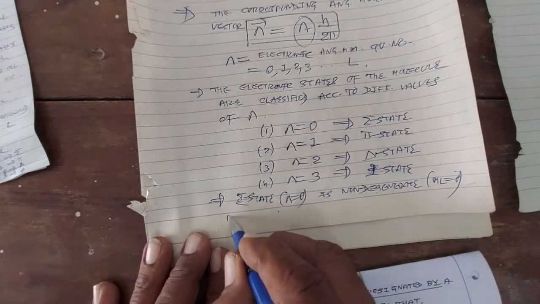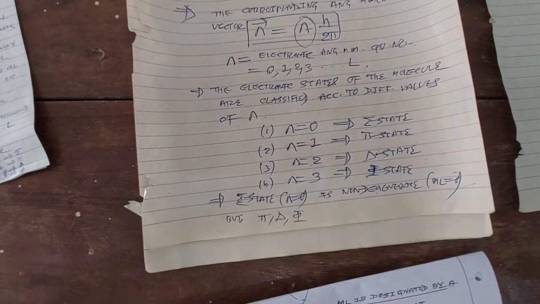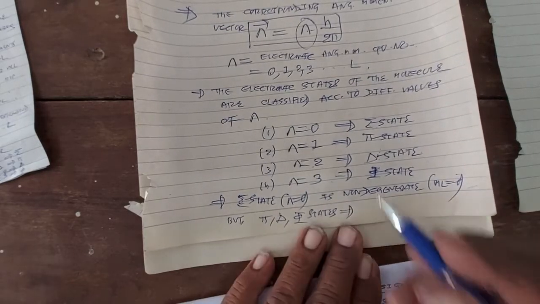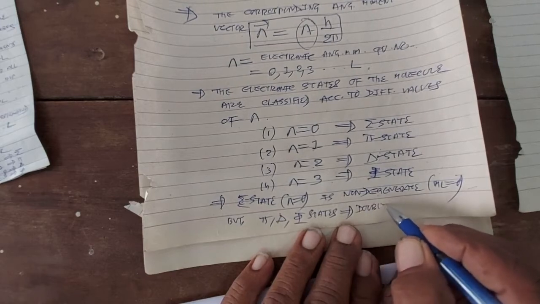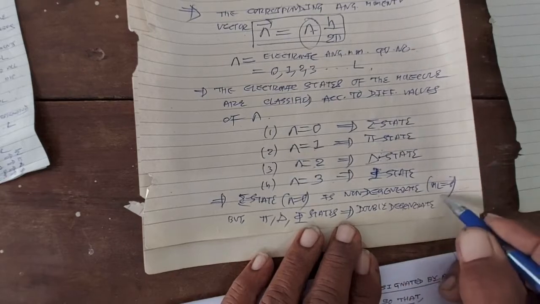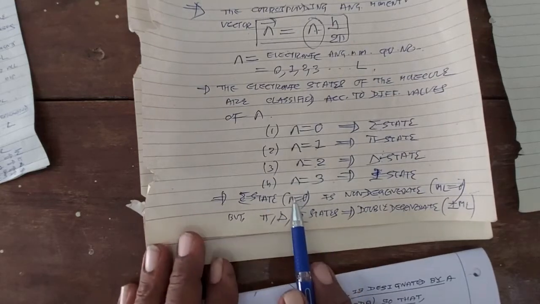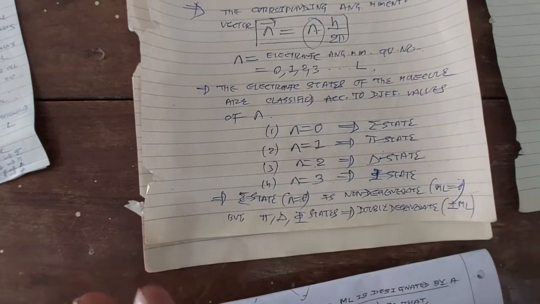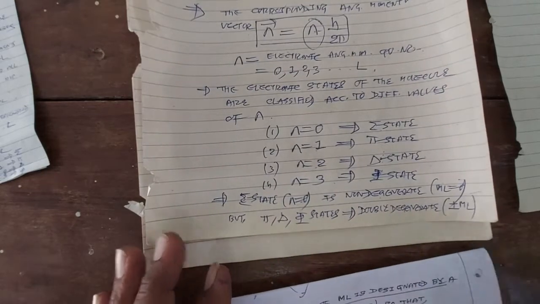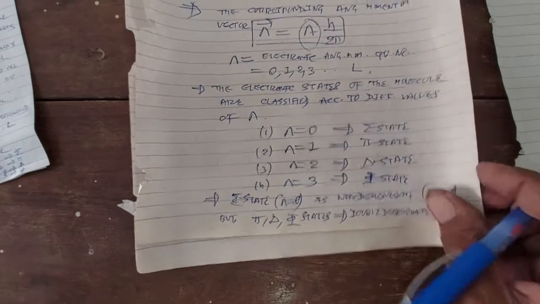But pi state, delta state and phi states are doubly degenerate, because they have two values of ml, plus ml and minus ml, right?